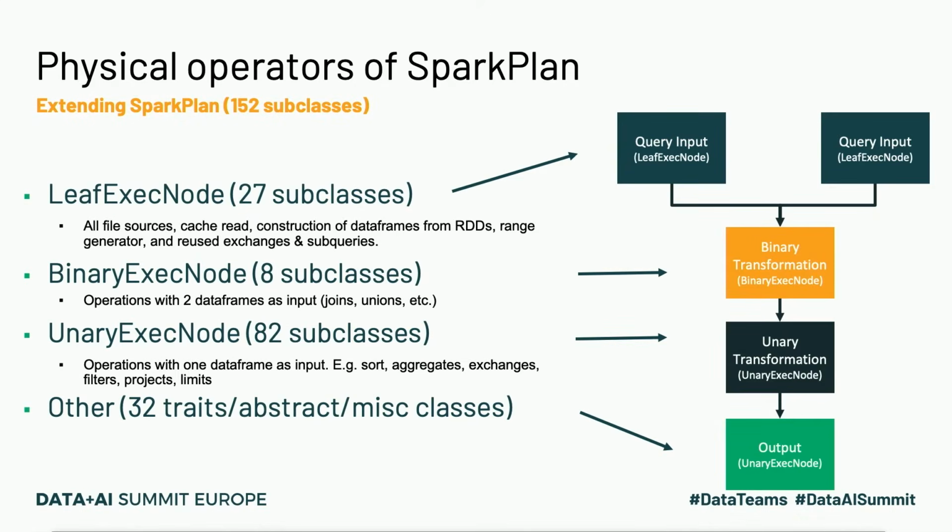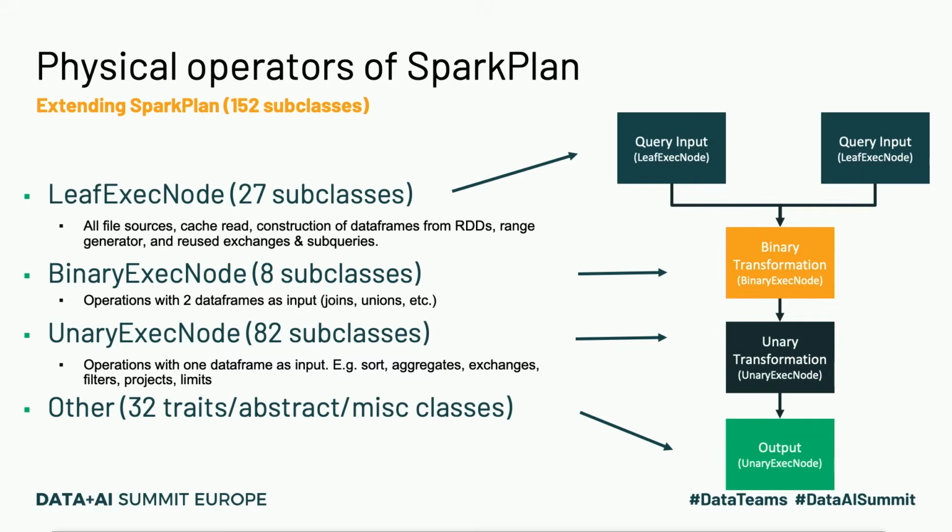If you go through the source, there are over 150 subclasses of this physical plan. Just to give you an overview of how many operators exist in each of the categories: the biggest category is the unary exec node, which contains all transformations that work on one data frame as an input and produce one data frame as an output.